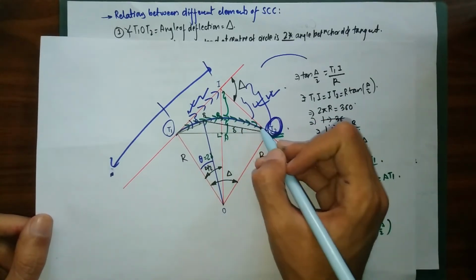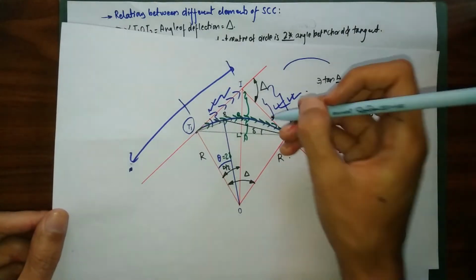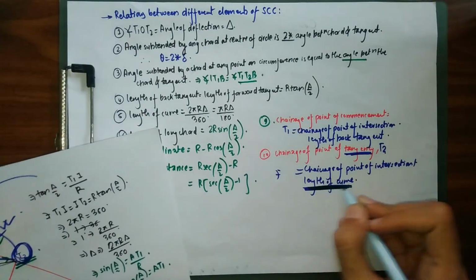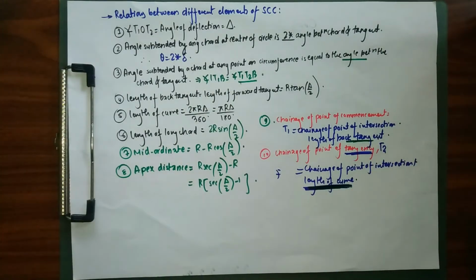This direction of alignment will be followed. So we need to add our length of the curve. So that's why we cannot use our forward tangent. Hope you have understood why we have added length of curve over here, and why we have subtracted length of back tangent over here. Next we'll be solving numericals relating to different relations in order to get the concept even clearer.